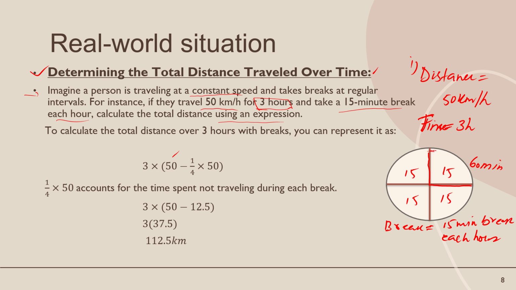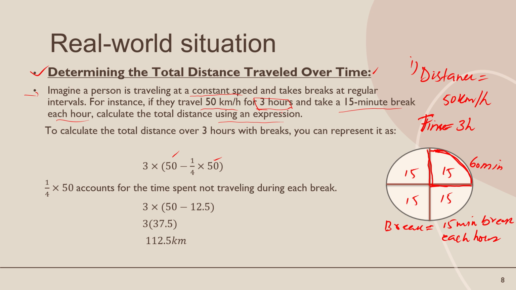So it means 1/4 part of the total distance, that time will not be included in the journey, because the person is taking a 15-minute break each hour. That 15 minutes break time is not included during the journey, so that's why we subtract it from the distance traveled.